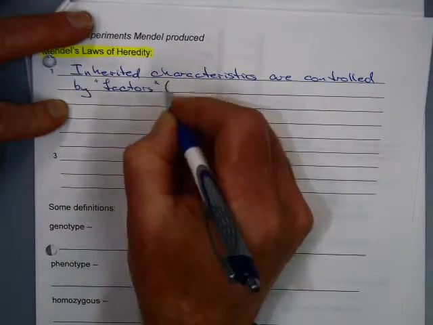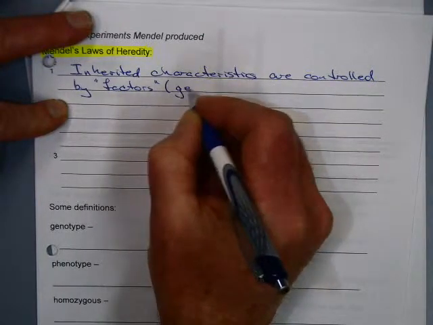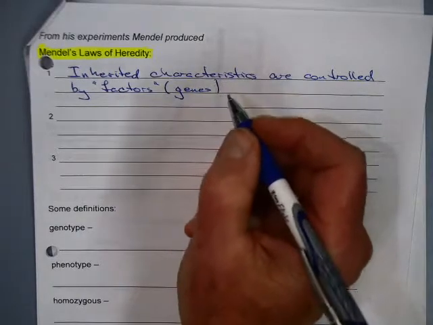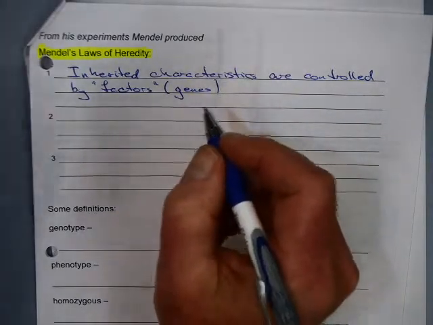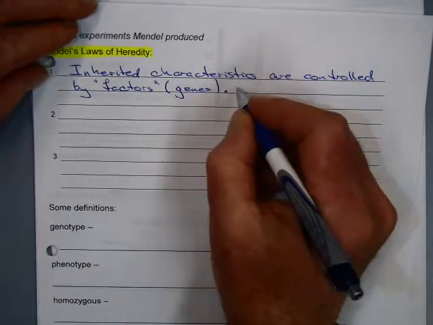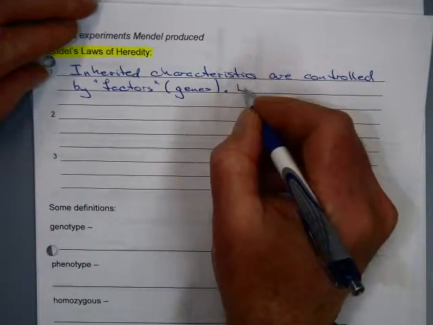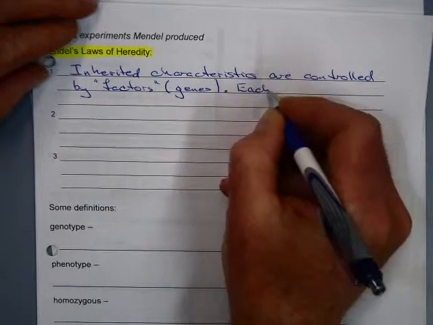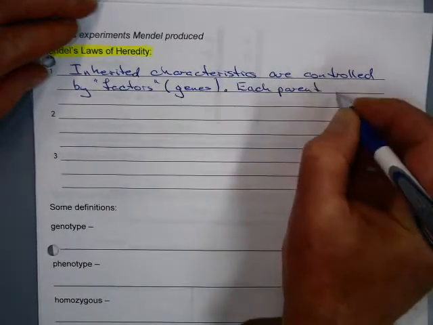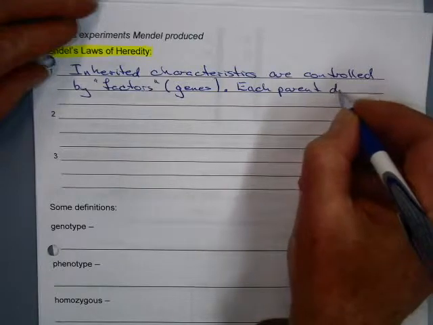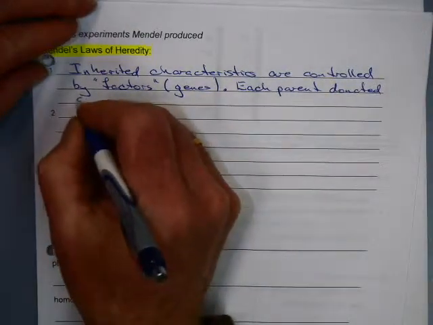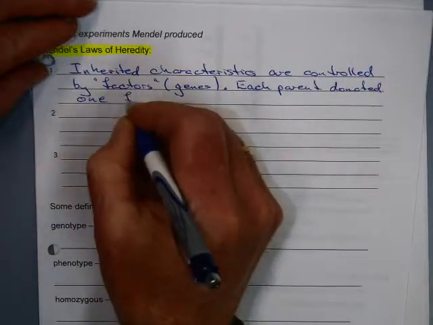We now refer to those as genes. He didn't know what a gene was. He had no concept of a gene, but he just knew that there was something there, and that each parent donated one factor or gene.